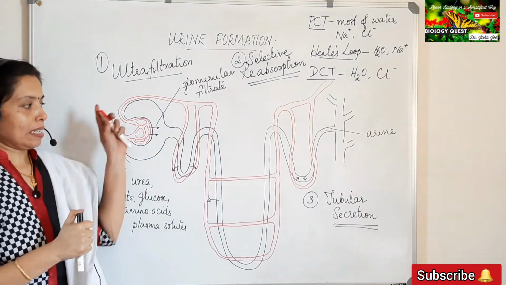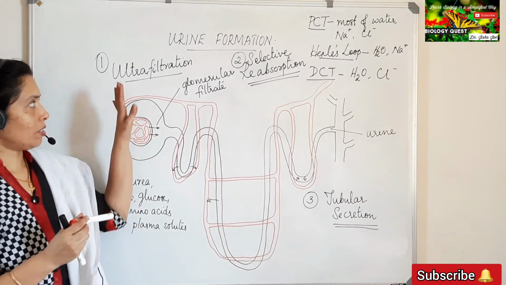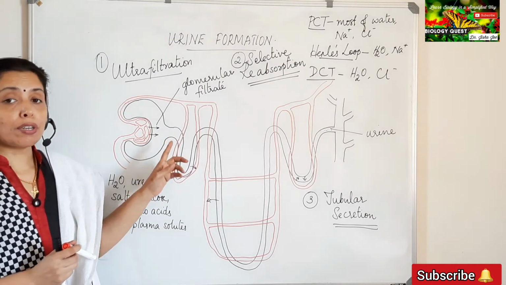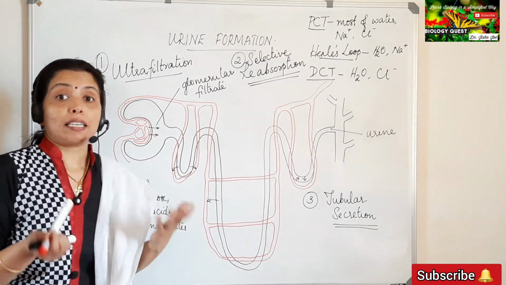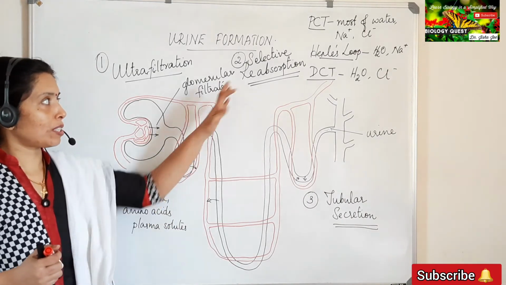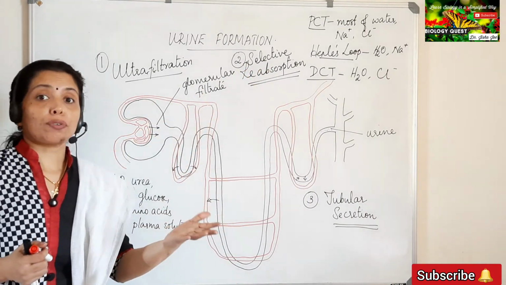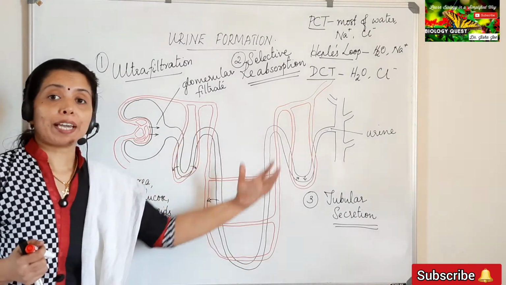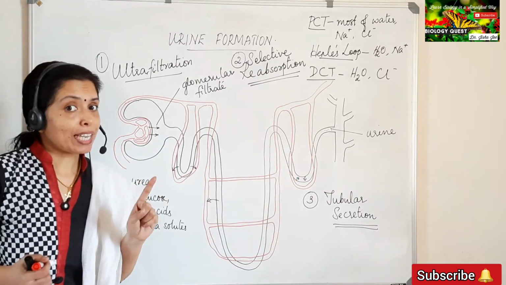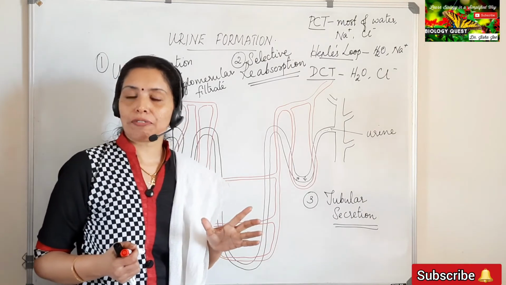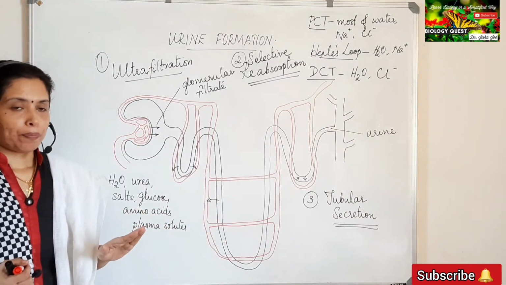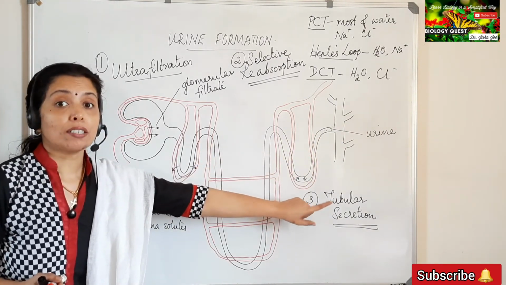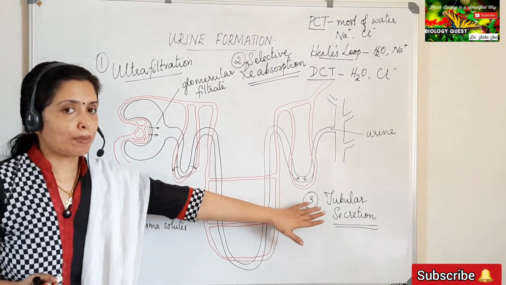Okay, after the first step, ultrafiltration, the filtrate that has entered into the hollow space here cannot be called urine because it contains several substances which are needed by our body. So it moves on to the second step, which is selective reabsorption. Reabsorption of the substances needed by the body will take place in the PCT, loop of Henle, as well as in the DCT. And this reabsorption is in such a way that it does not affect the osmotic concentration of the blood. By the time the filtrate reaches the DCT, the third step occurs, which is tubular secretion. So what is tubular secretion?